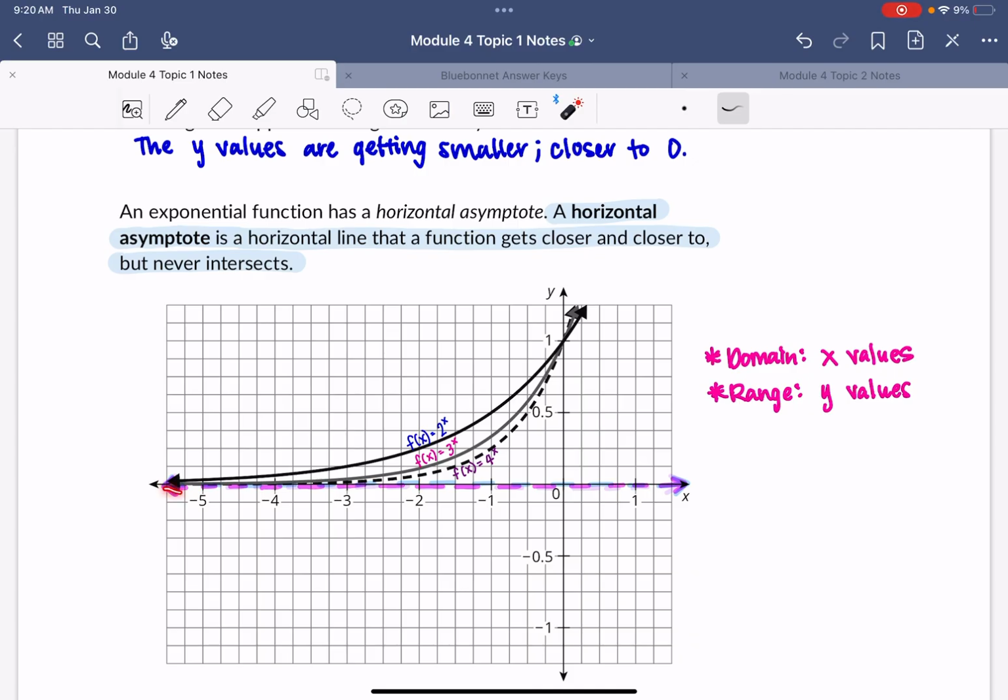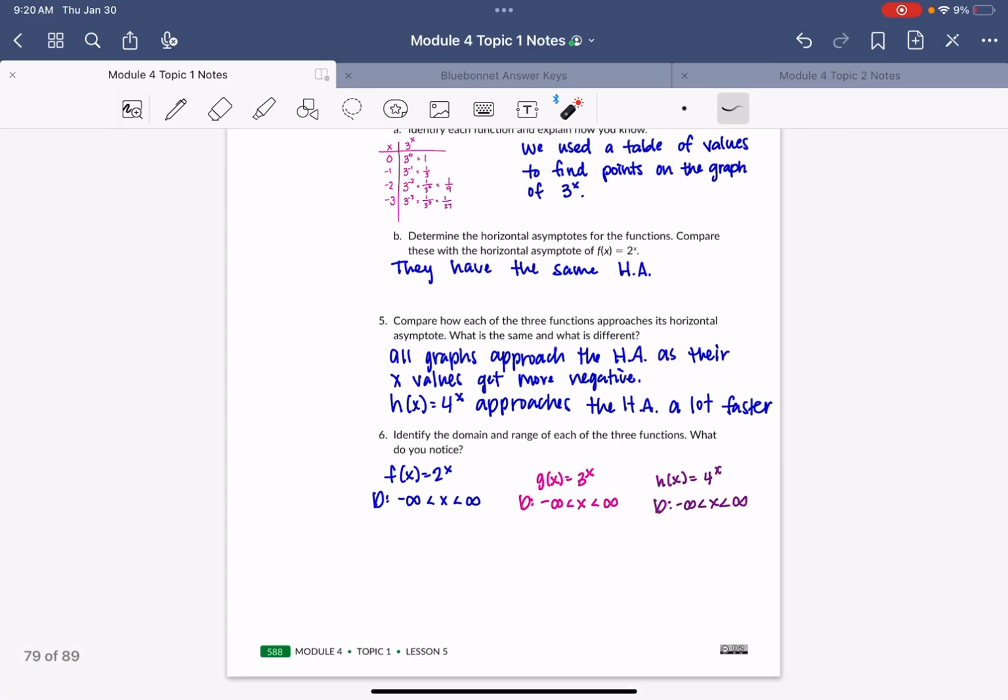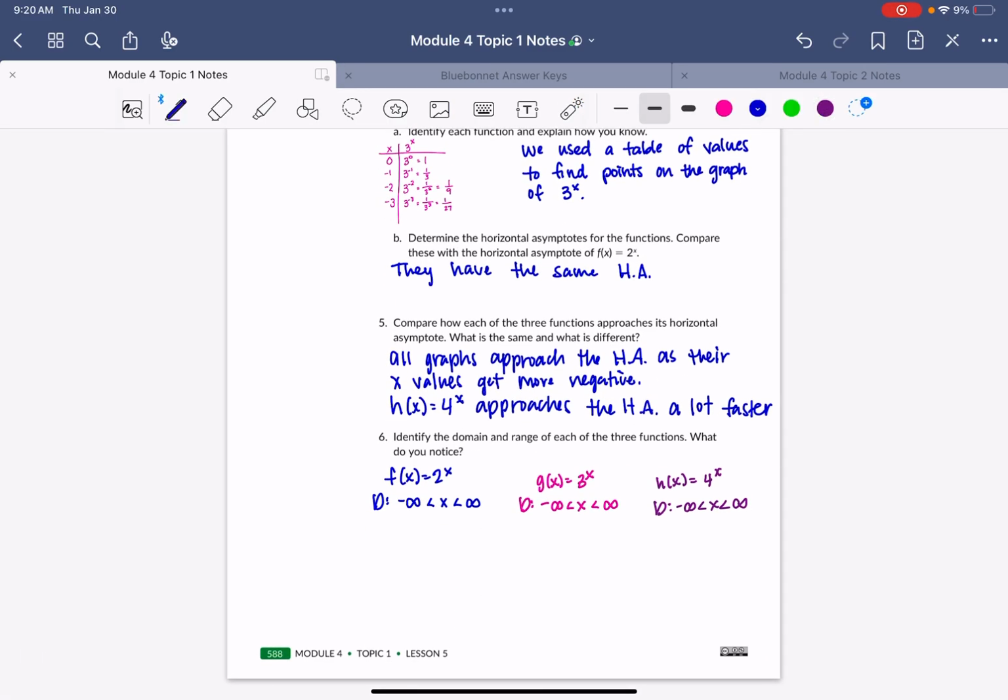So because my asymptotes for all of my graphs are at 0, that means my graphs here are going to be everything above 0. Okay. And because these arrows, all of them, go up, I know that they're all going to go all the way to positive infinity.